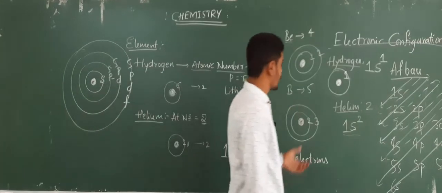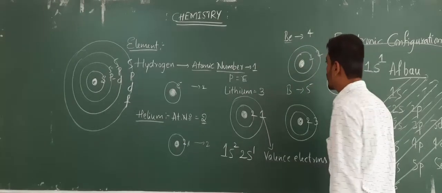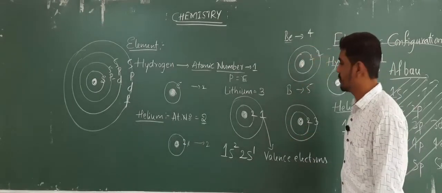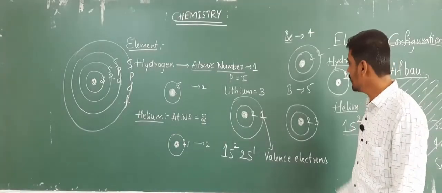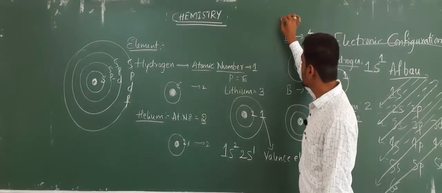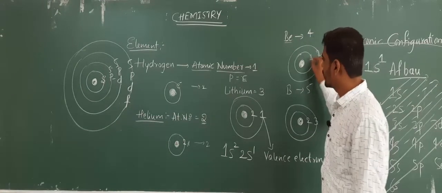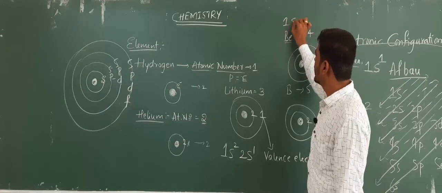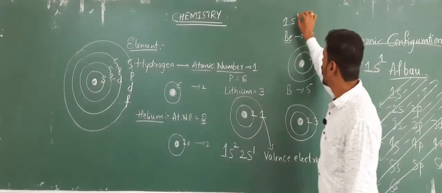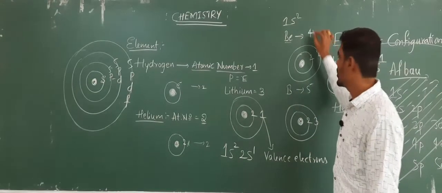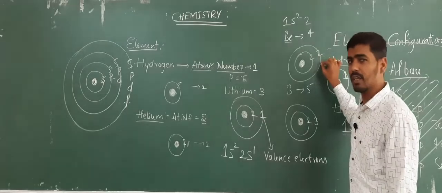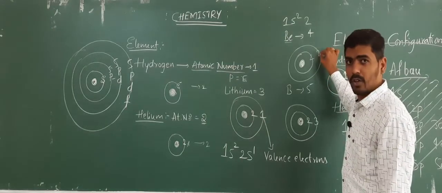Next I will write the electronic configuration of beryllium. How can we write it? First shell, S subshell, how many electrons? 2 electrons. Then second shell, 2 electrons are there.